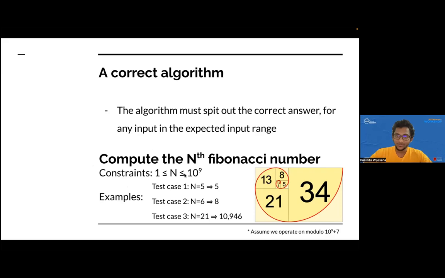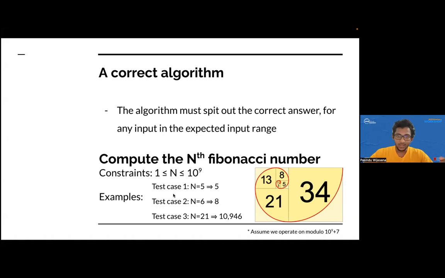So n is greater than or equal to 1 and less than or equal to 10 to the power 9, that is 1 billion. So within this range, if we were given any number n that is an integer, our algorithm, that is going to get converted into a program, should be able to output that nth Fibonacci number.